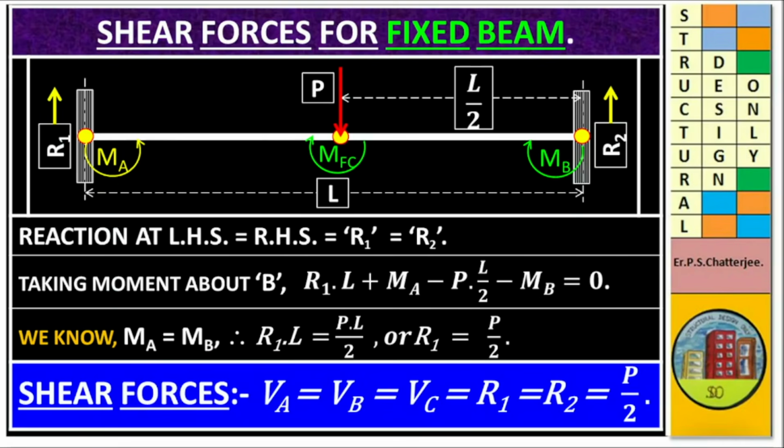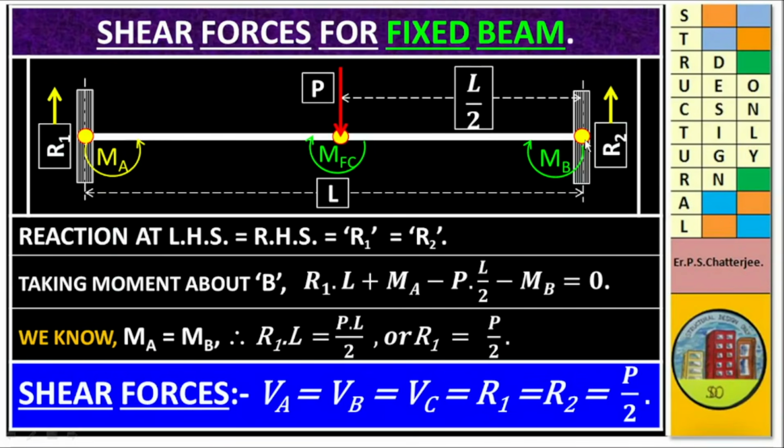Taking moment about B, we have RA into L, length of the beam, plus MA, minus P into L by 2, minus MB is equal to 0. We know MA is equal to MB. Therefore, R1 into L is equal to P into L by 2, or R1 is equal to P by 2.